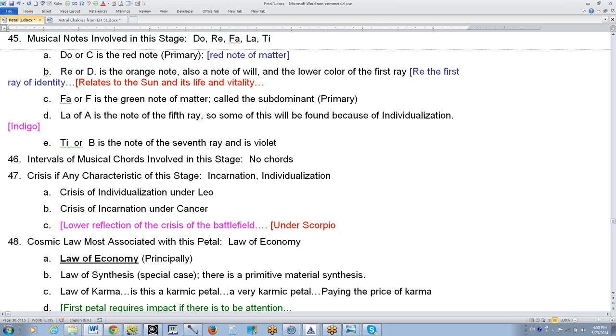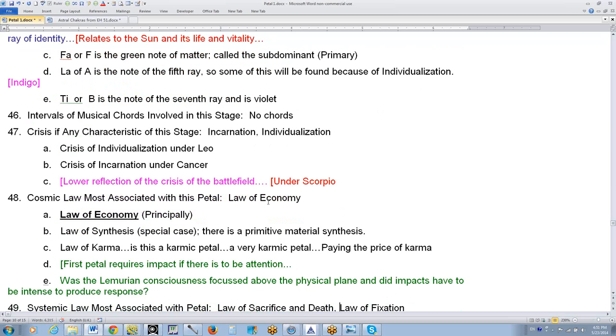What cosmic law is most associated with this petal? Well, of course, the law of economy, ruled by the third ray, principally. There is a law of synthesis in a special case of primitive material synthesis. Law of karma, this is a karmic petal, very karmic petal, with Mars causing infringement and Saturn the rebounding blow that teaches one the result of one's infringement under Mars, so paying the price of karma.